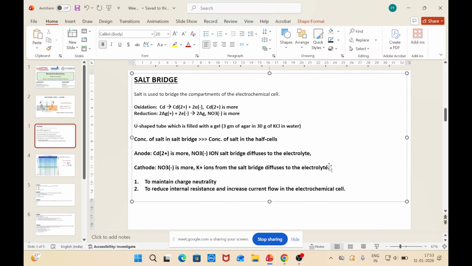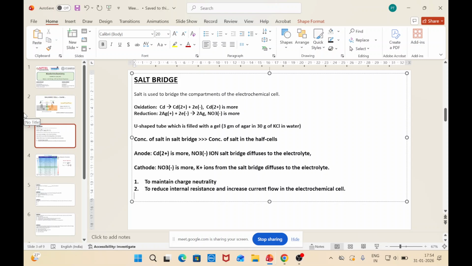So these are the two reasons why the concentration of the salt in the salt bridge needs to be much greater compared to the concentration of the salt in each of the half cells. So this is about the typical use of the salt bridge concept.